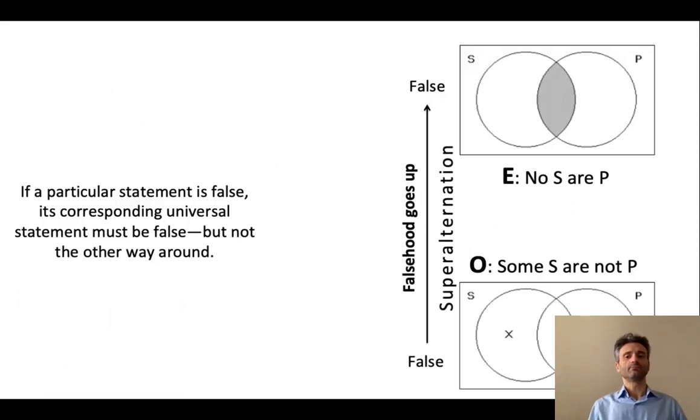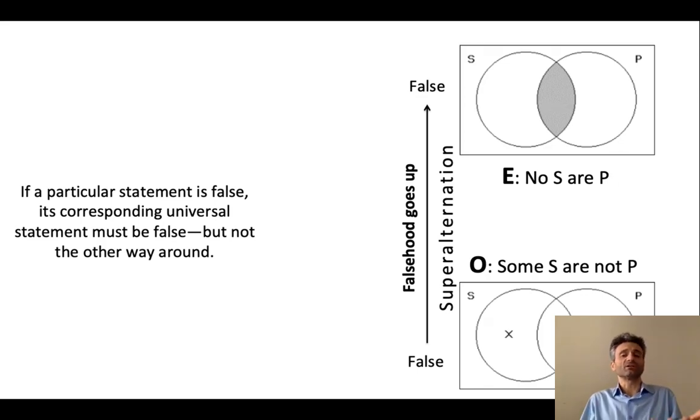By the same token, if I say that "some bananas are not yellow" is false, then it's going to be false that no bananas are yellow.